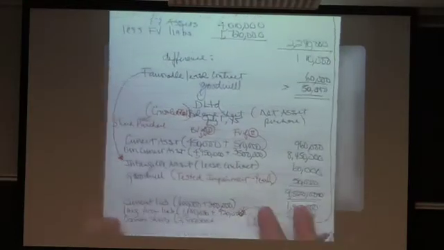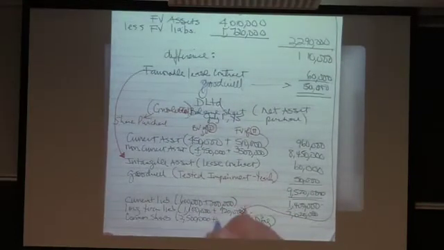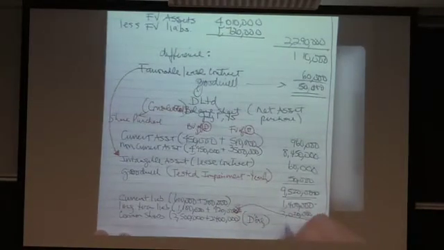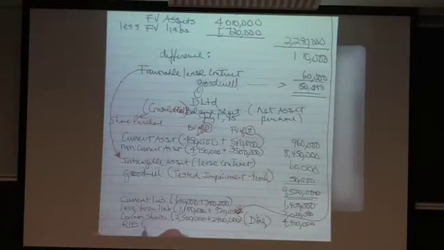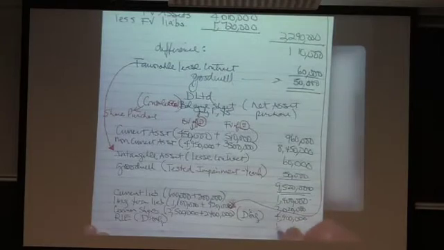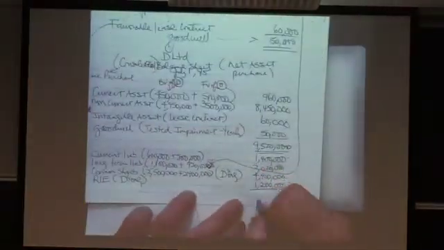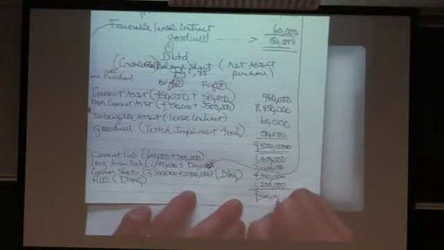So it's a mess here, but get the point anyway. And retained earnings is D only. Okay. To give us 9,520,000.